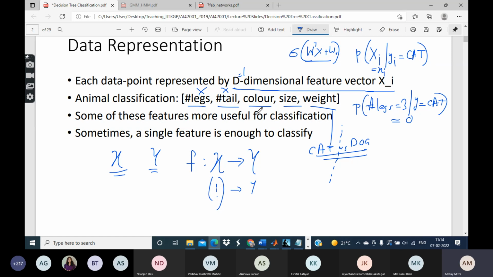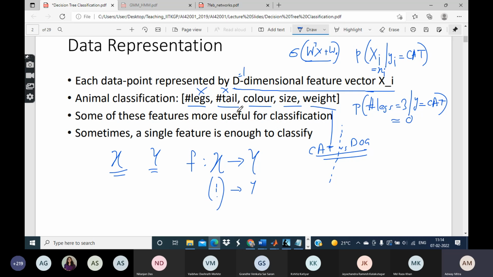What about color? Do you think the feature of color is useful or useless? Sir, it is not that useful in case of differentiating between cats and dogs. Correct.